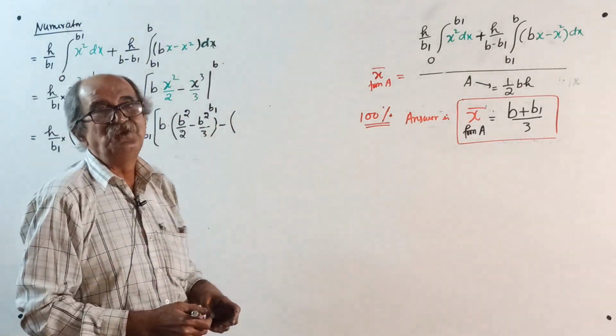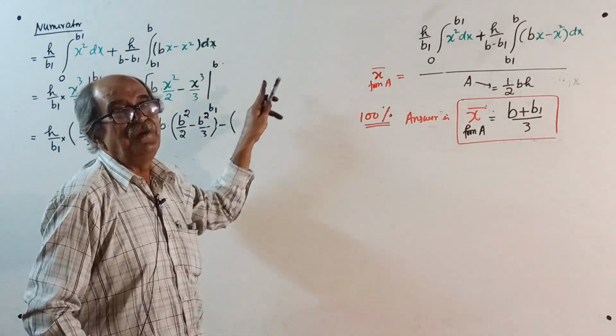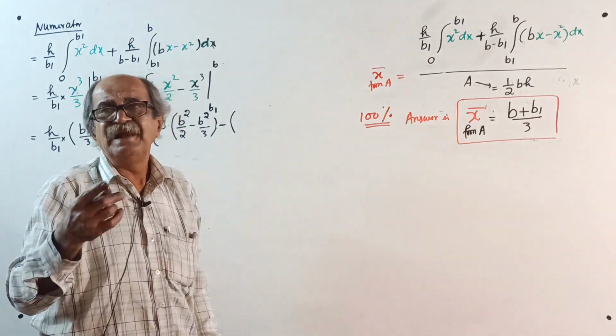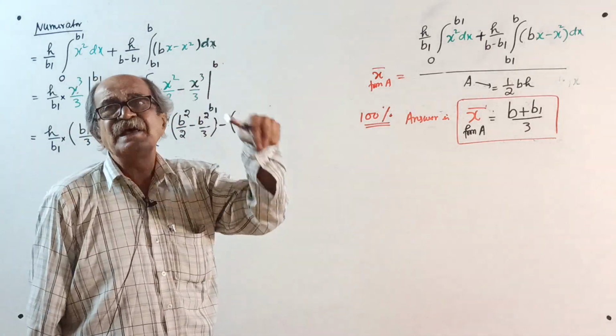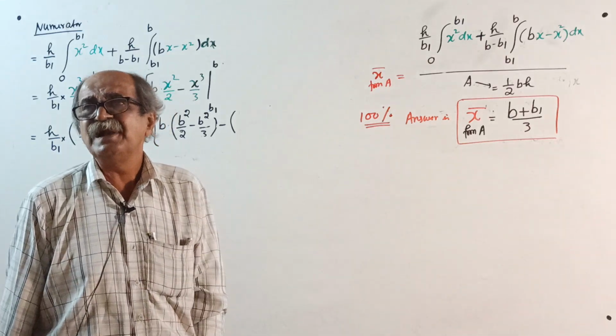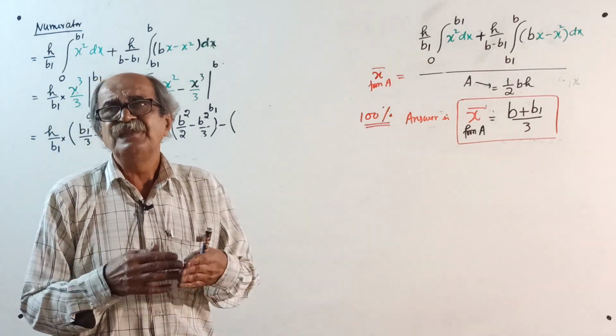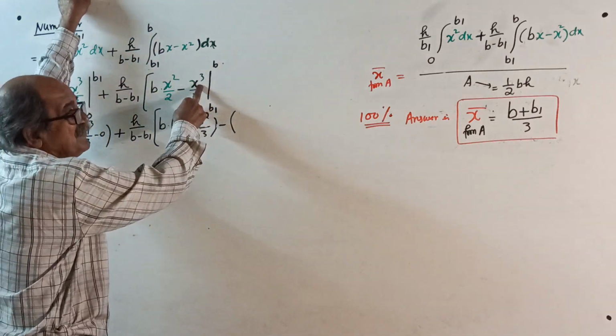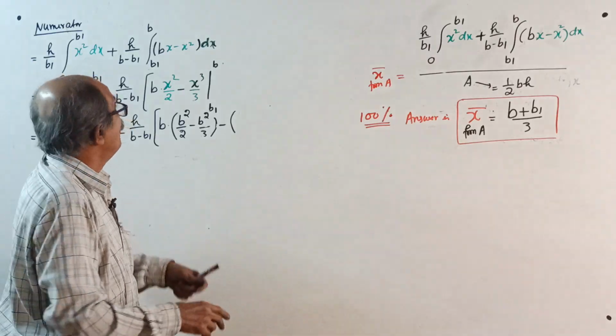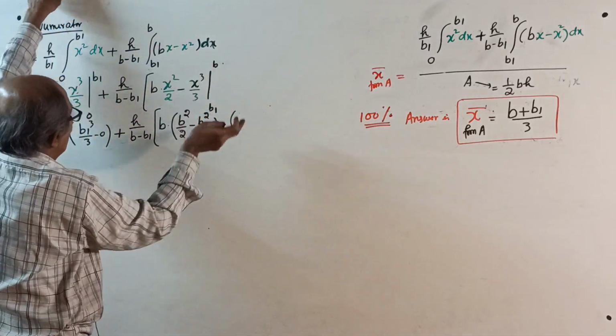What happens is usually I don't write this way. If it is x cube, I directly write, suppose you see x square is there, I directly write x cube by 3 and put the limit. I don't write in future all that way. So first to the mind what came, oh, x cube is there, becomes x power 4 by 4. No, already integration over.